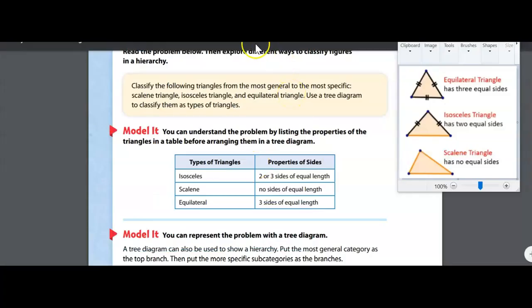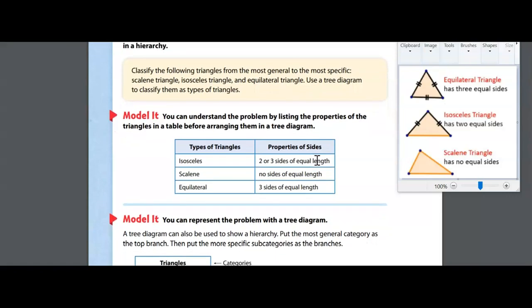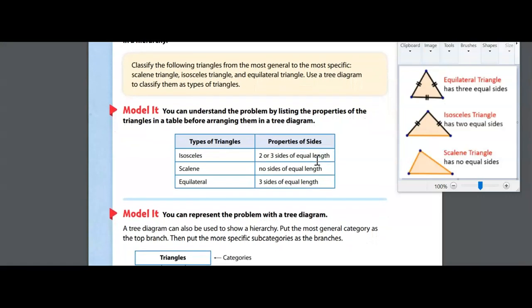We will now continue to explore different ways to classify figures in a hierarchy. We're going to classify the following triangles from the most general to the most specific: scalene triangle, isosceles triangle, and equilateral triangle.